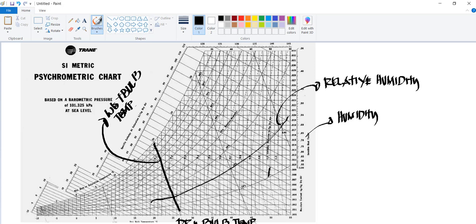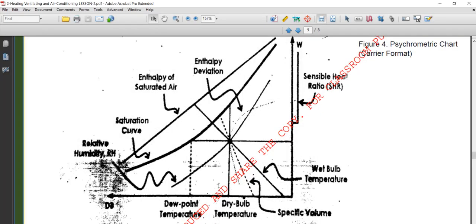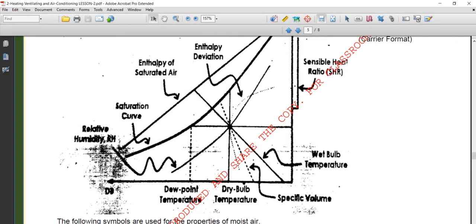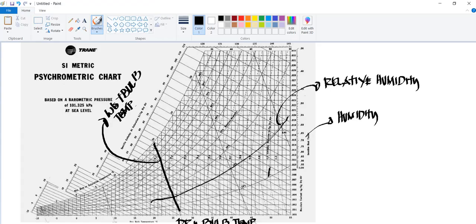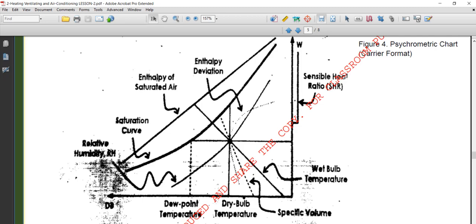Later on we'll be using a chart like this one, the psychrometric chart. We also have here the relative humidity. We'll discuss that too. Okay, moving on.